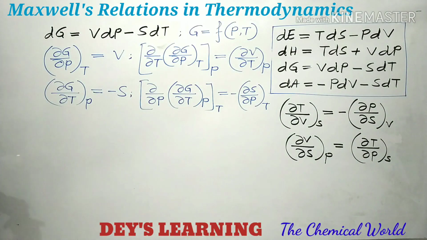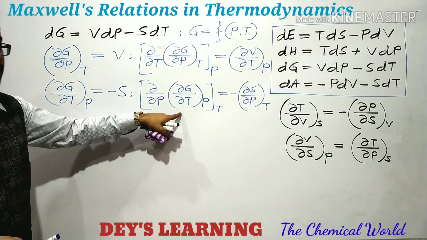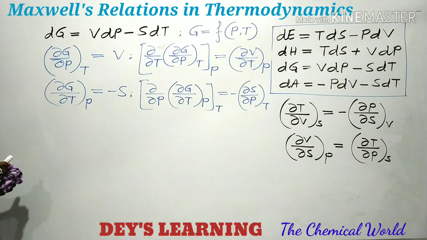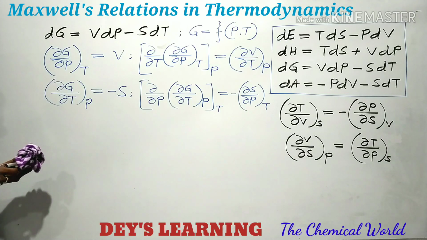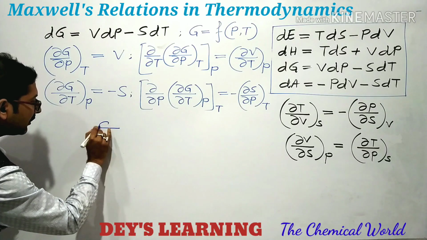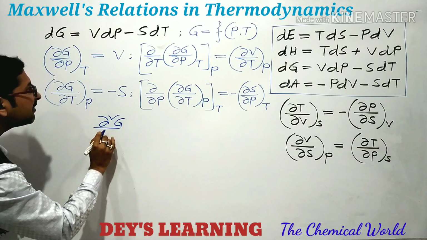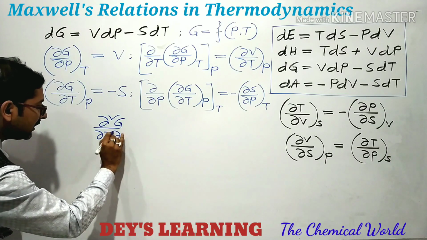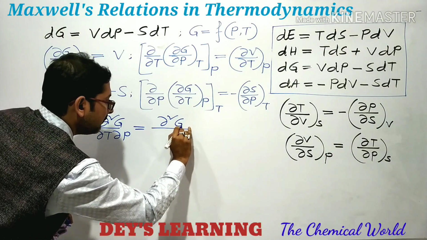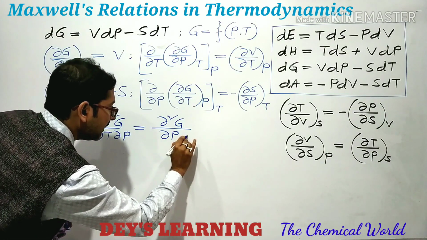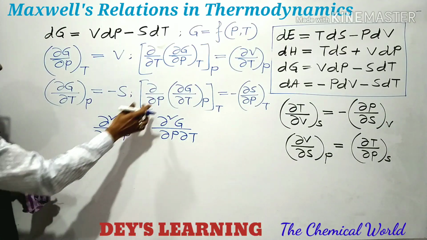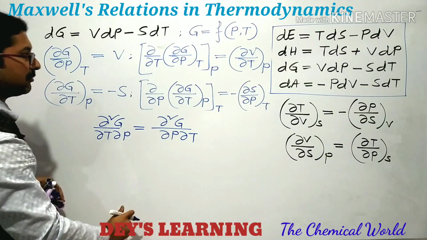And obviously these two differentials are equal because G is a perfect differential. So we can write, since ∂²G/∂T∂P equals ∂²G/∂P∂T, this one is equal to this one and this one is equal to this one.